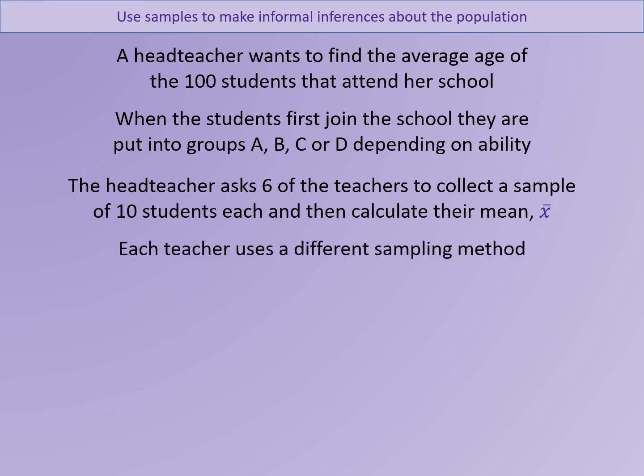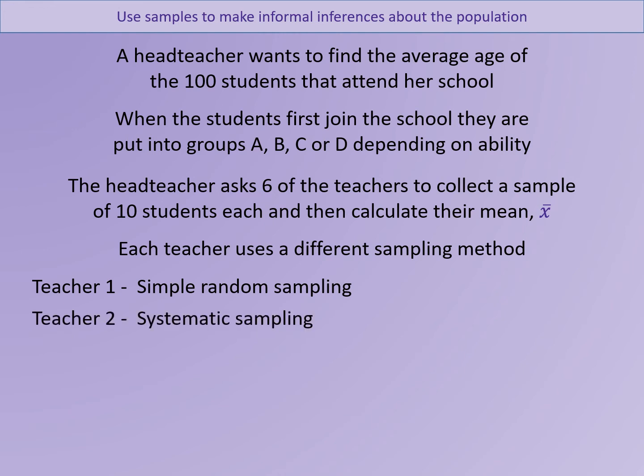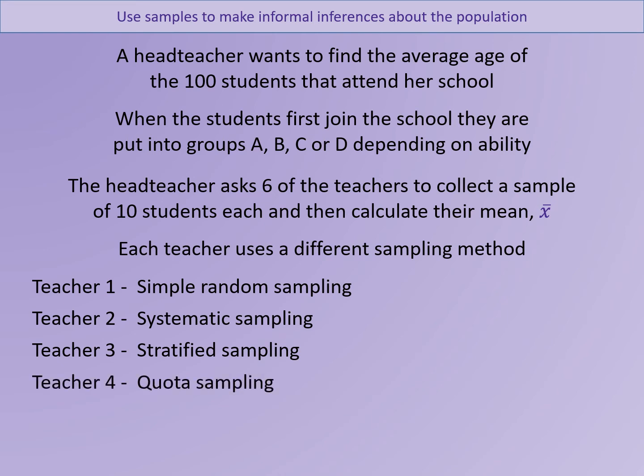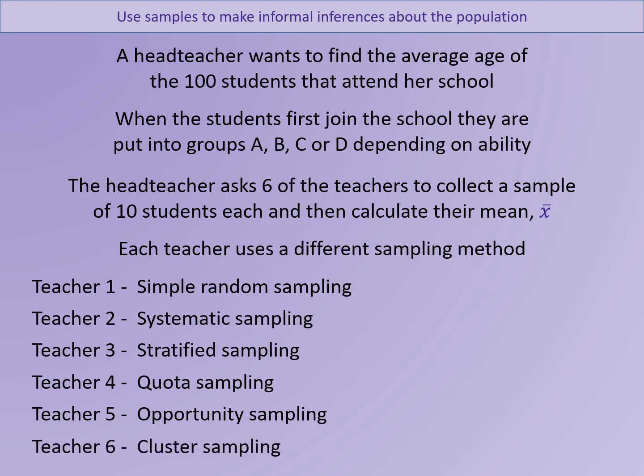And each of those teachers is going to use one of our 6 different sampling methods. So one teacher is going to use a simple random sampling, teacher 2, systematic, teacher 3, stratified, teacher 4, quota sampling, teacher 5, opportunity sampling, and finally teacher 6, cluster sampling.